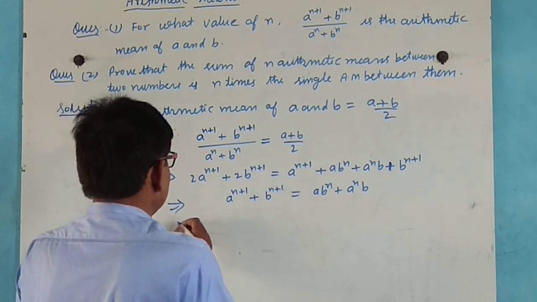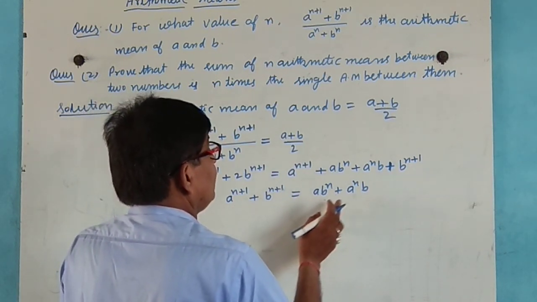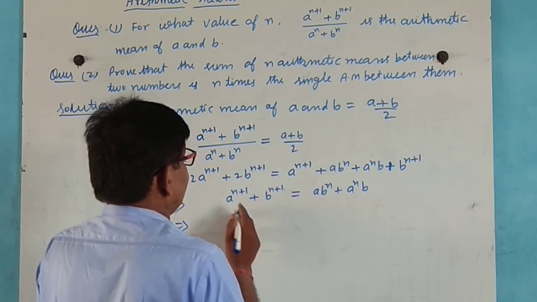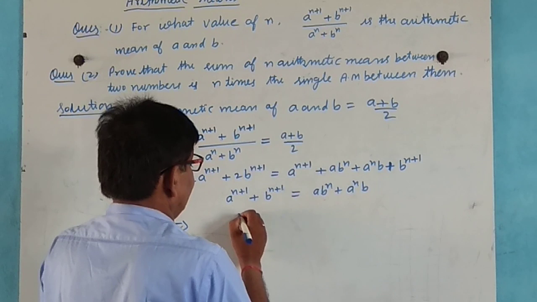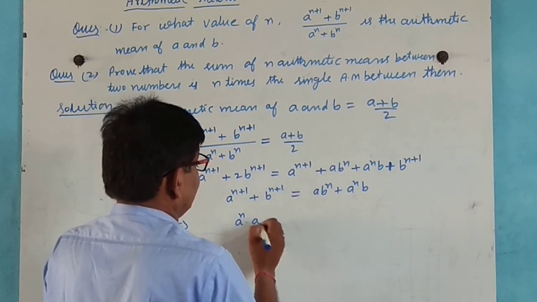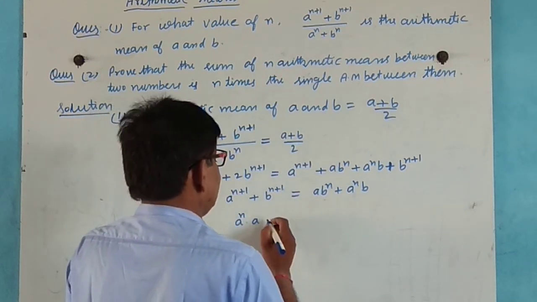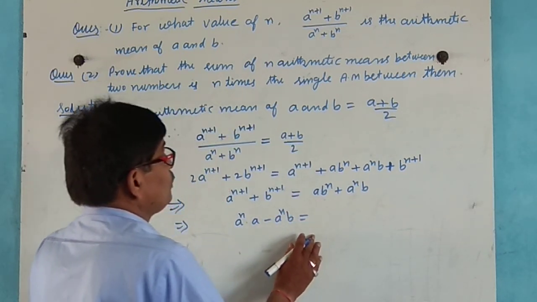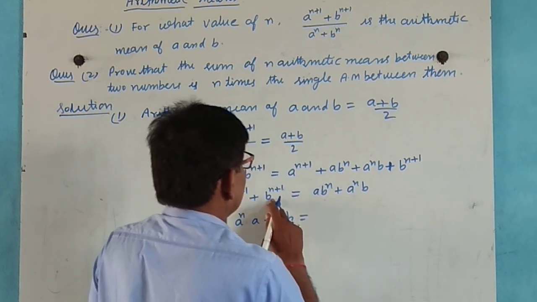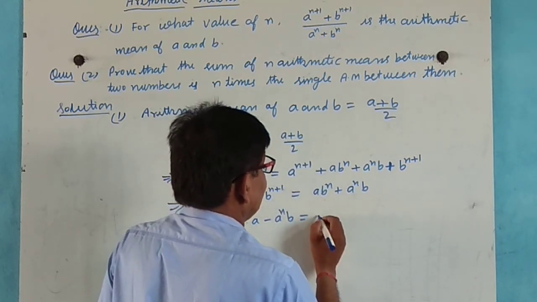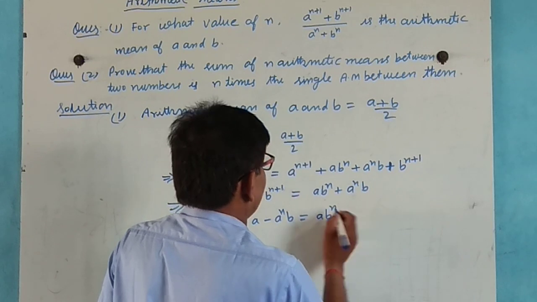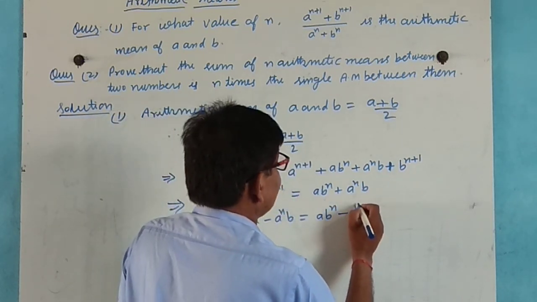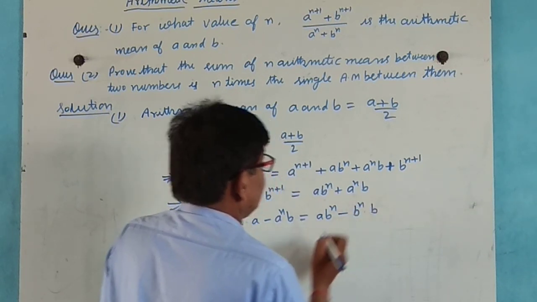Now this can be written as a to the power n into a, and this comes here minus a to the power n b equal to a b to the power n plus minus b to the power n into b.